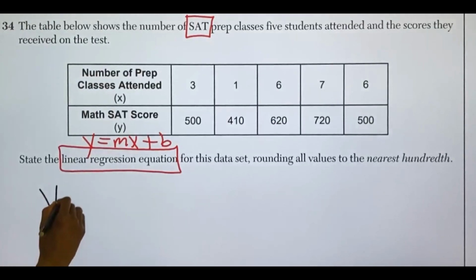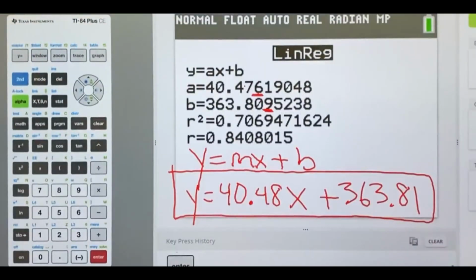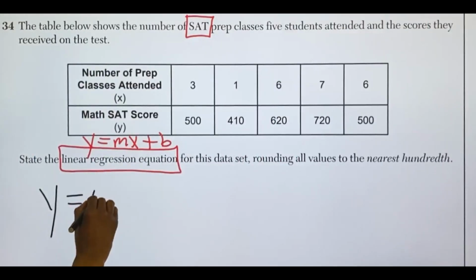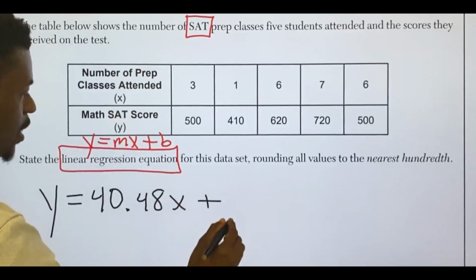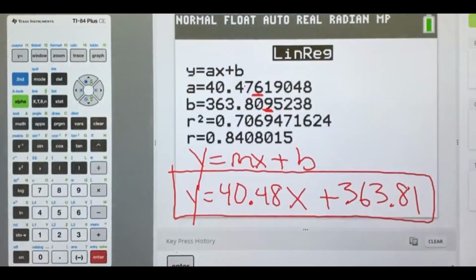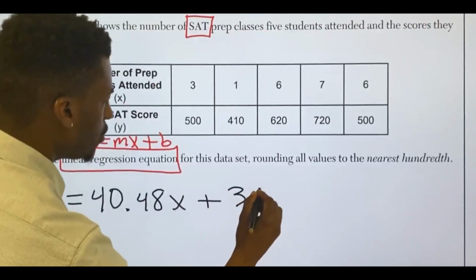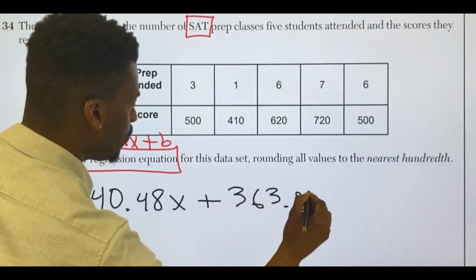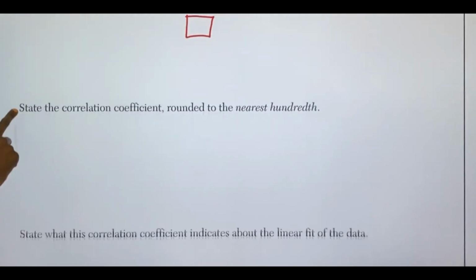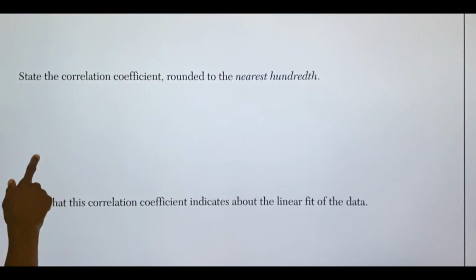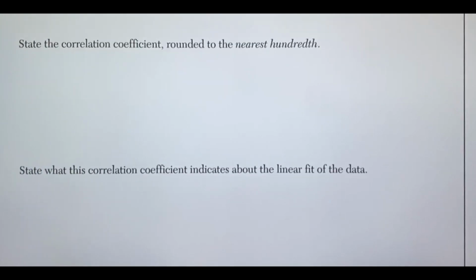This becomes y equals 40.48x plus 363.81. All right, that's the complete answer for this part. Now it says state the correlation coefficient rounded to the nearest 100.